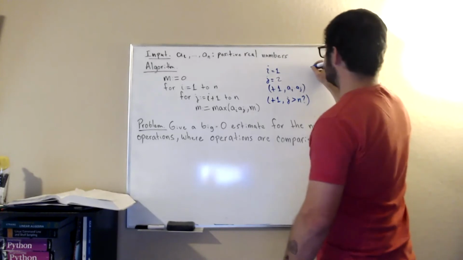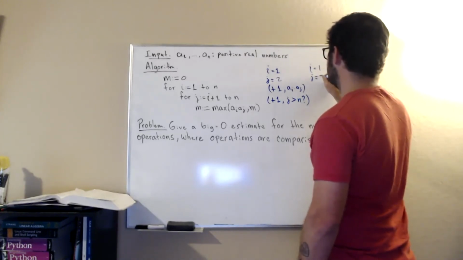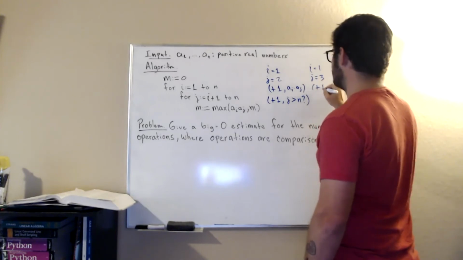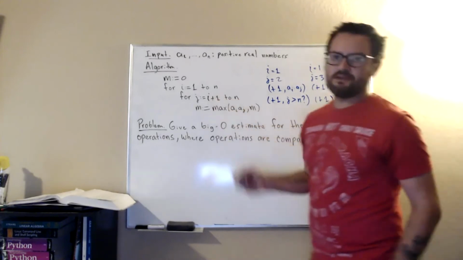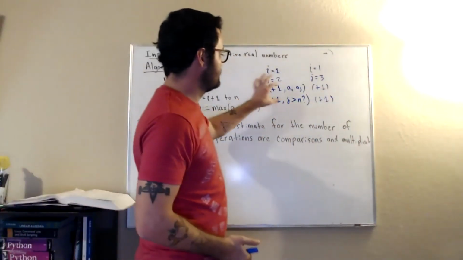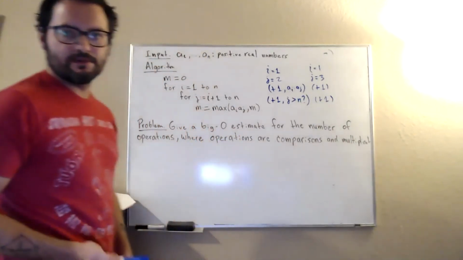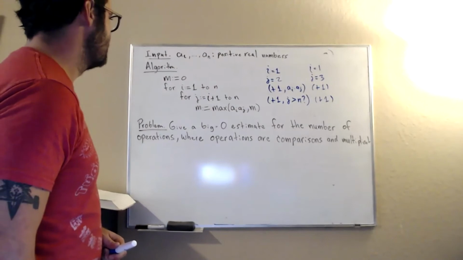Still for I equal to 1, we increment J to be 3, and we have plus 1 again, plus 1 again. So for each of the J's, we're going to have 2 operations that we're trying to keep track of.